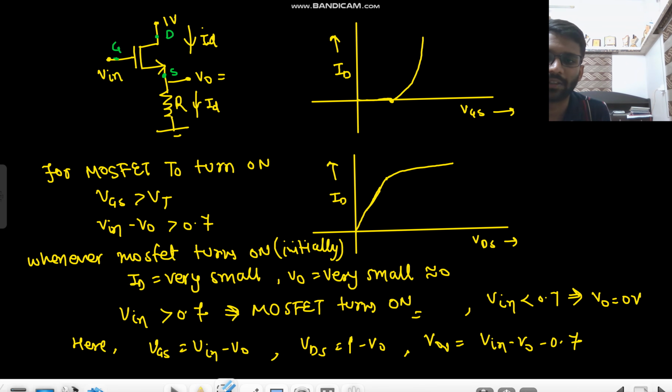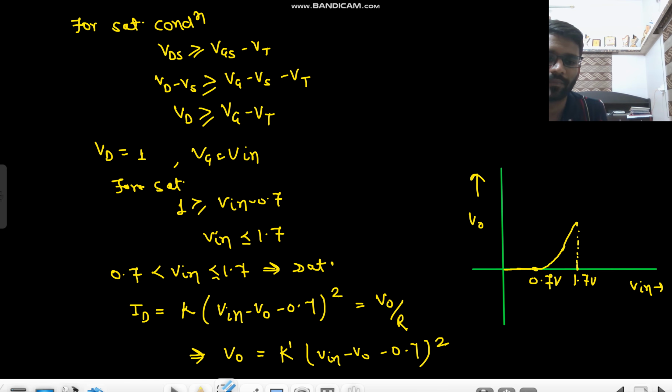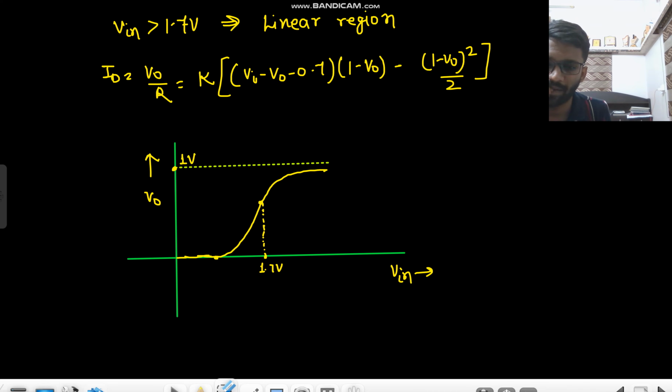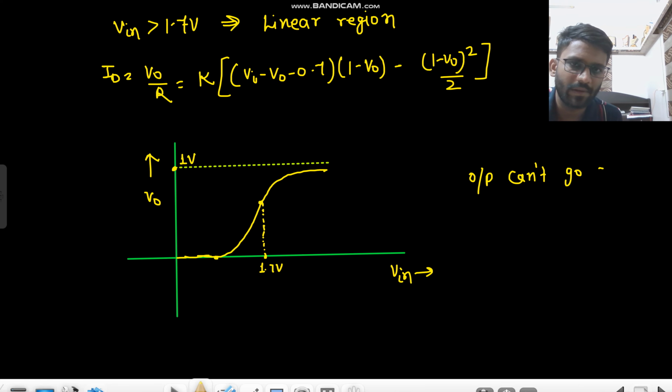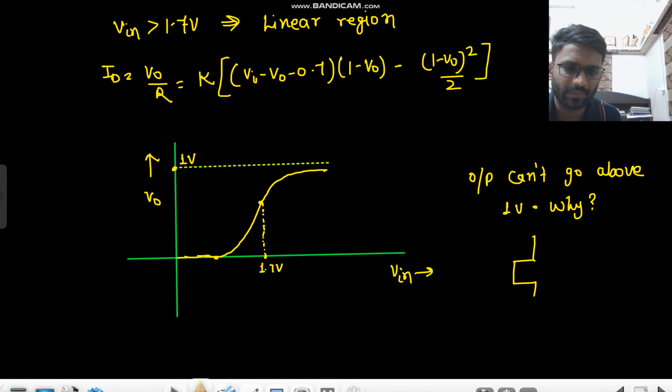I will draw a different circuit again. Above 1 volt. Why? This was your V in, this was your 1 volt, and this is your V out.